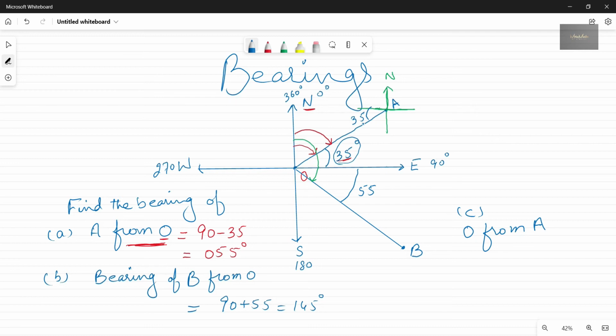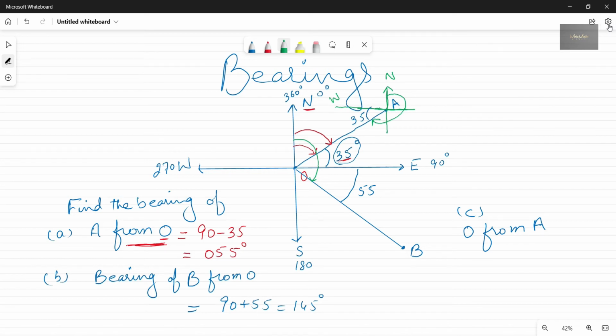Okay, now for the bearing, what do you need to find? You will start your angle of bearing from north, making a 90 degree, then 180 degree, and then this is the bearing. I don't have angle after 180, so what I will do, I know that this line of west has a 270 degree angle. This is 270.